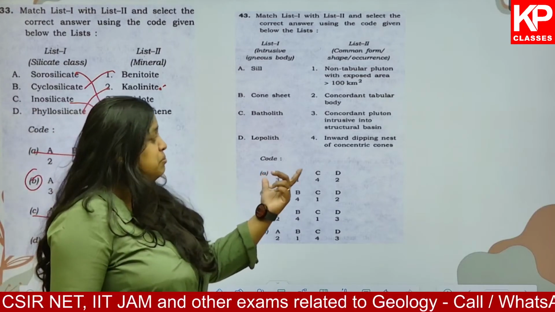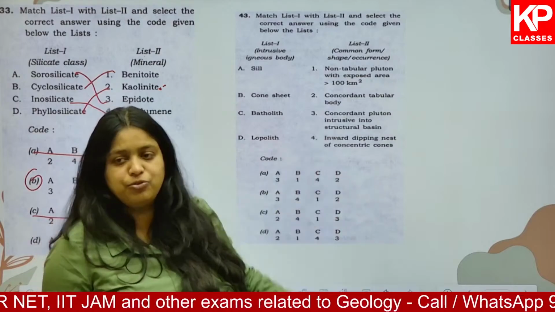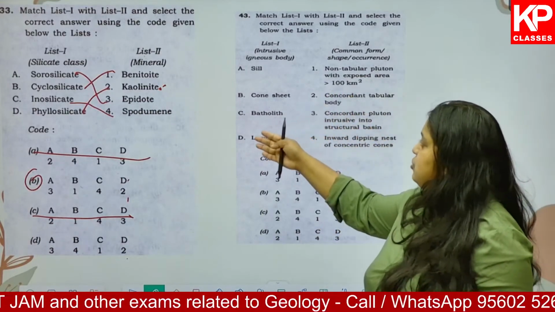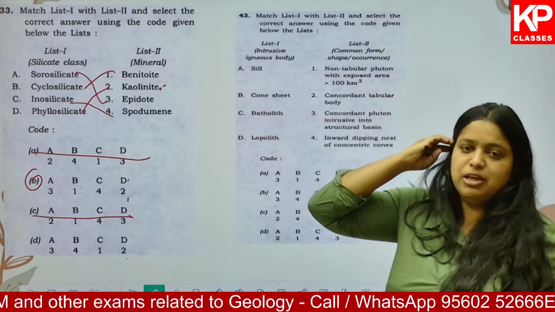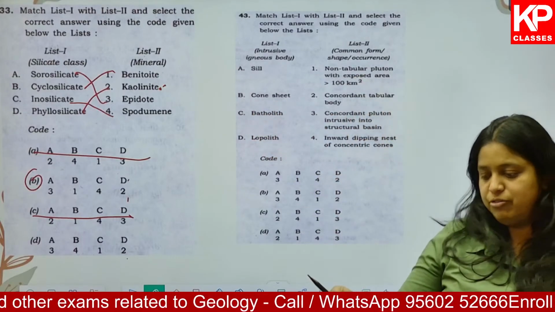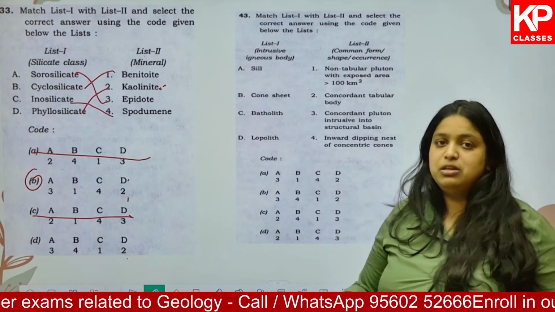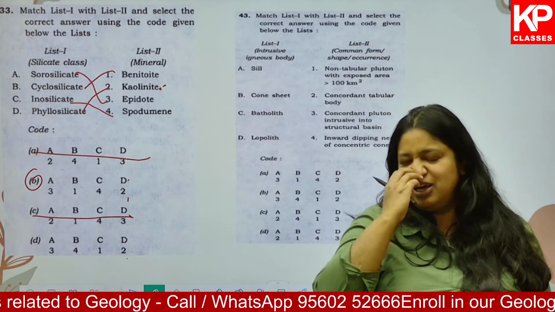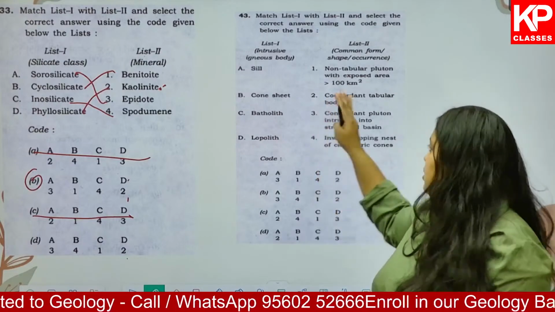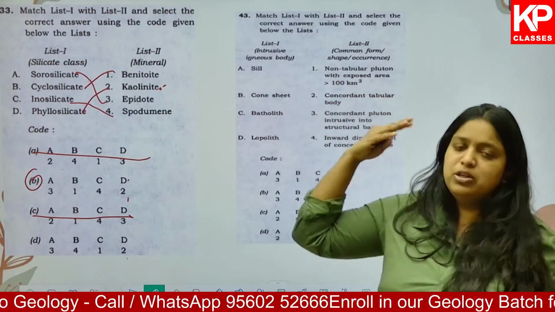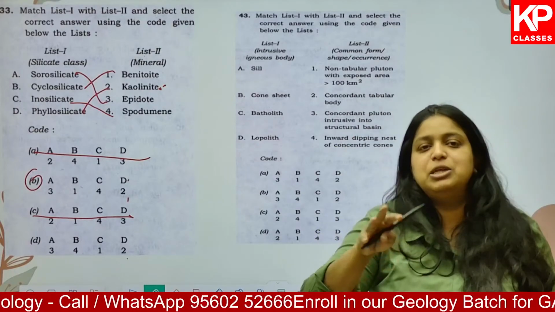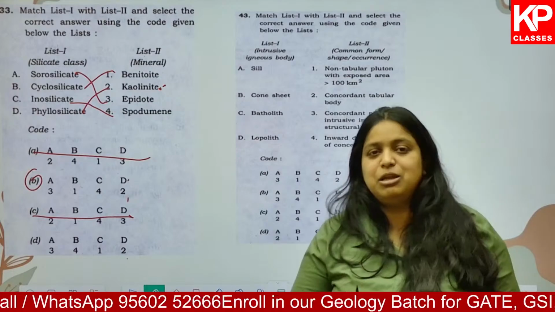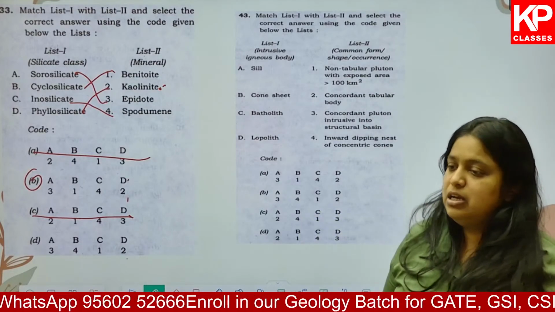Either they will ask us a match the following, or they will give you 4 or 5 statements regarding a particular intrusive igneous structure. For example, they have asked about phacoliths, lopolith, laccolith, any of these igneous structures they will take, and either they will give you a match the following type of question, or they will put 4 statements or 3 statements, and you just need to choose the correct or incorrect statement about a particular structure.